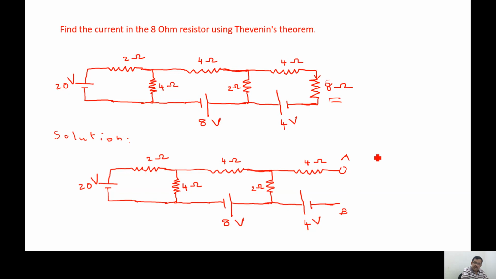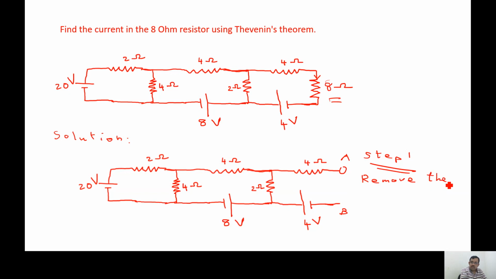So step 1 is to remove the load. The load is the component through which we need to find the current flow, how much current is flowing through the load.